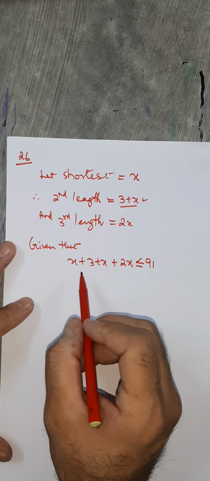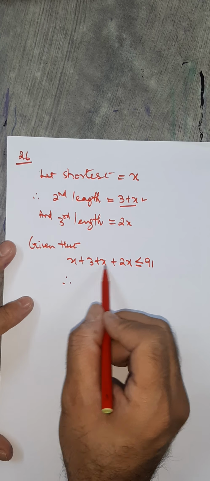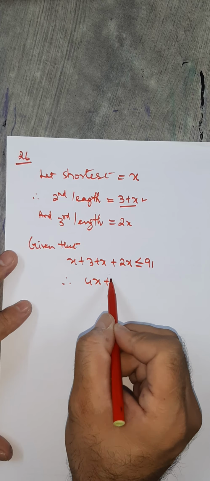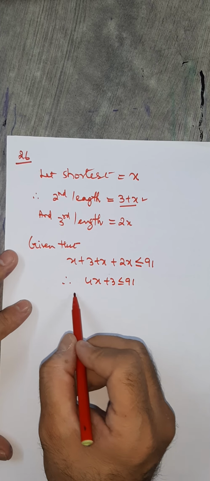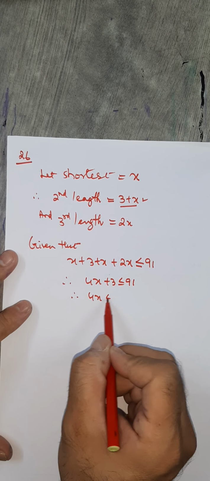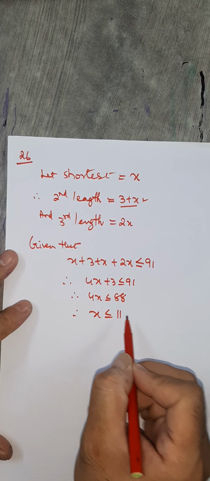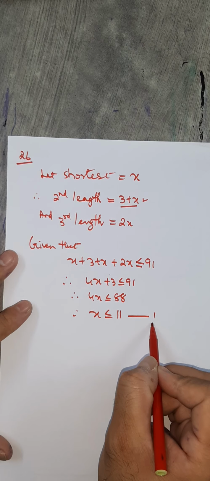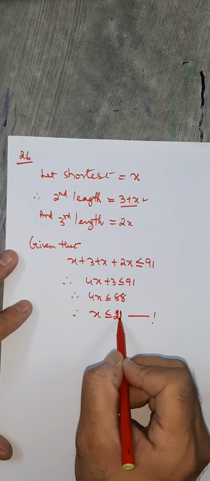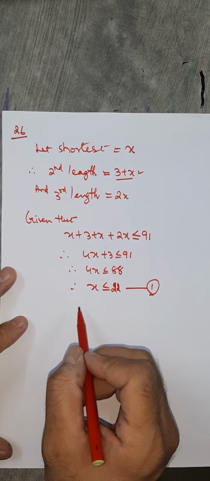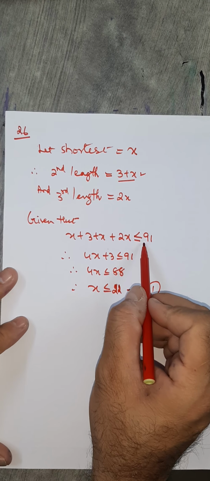So it should not exceed 91. That means if I add this here, what will we get? The 4x plus 3 is less than or equal to 91. That is 4x is less than or equal to 88, taking 3 on the other side. So x is less than or equal to 22. That's 1.